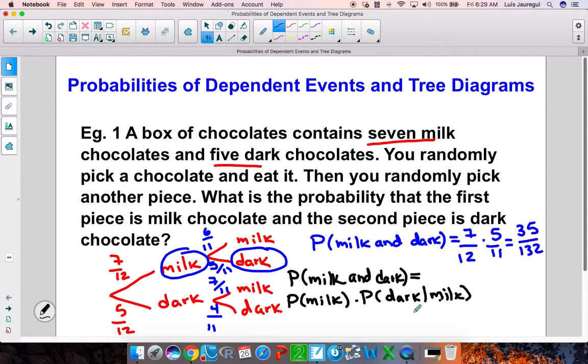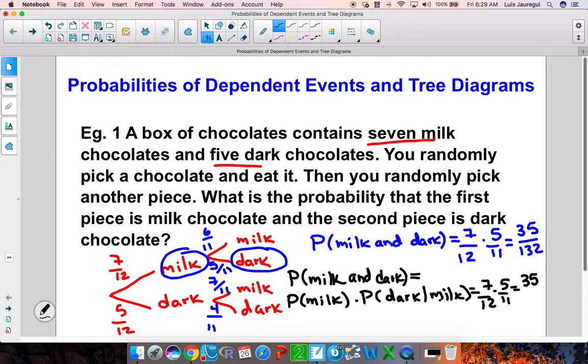Okay, and if you notice, the probability of getting milk is still 7 twelfths. And once we actually know that that occurs, the probability of getting dark chocolate is 5 elevenths. And you still get the same answer as before.